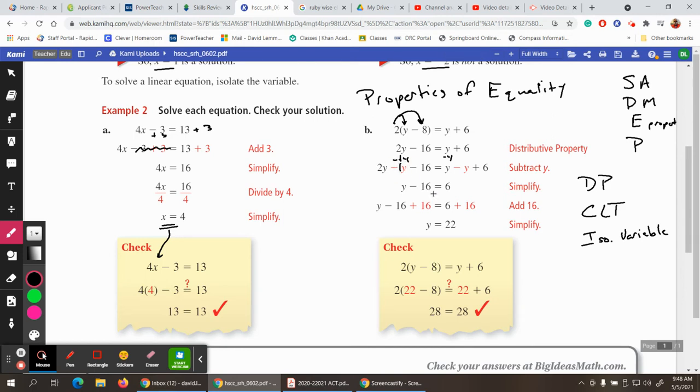So 2y minus y is just y. Bring down your 16, your equal sign, your 6. Add 16 to both sides, simplify, and you get y equals 22.